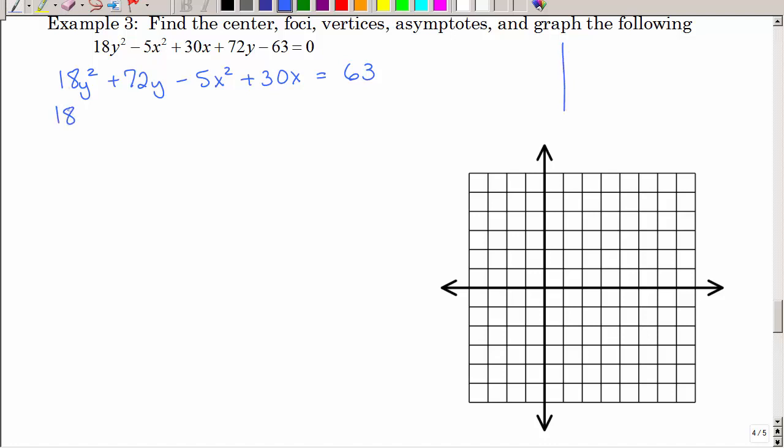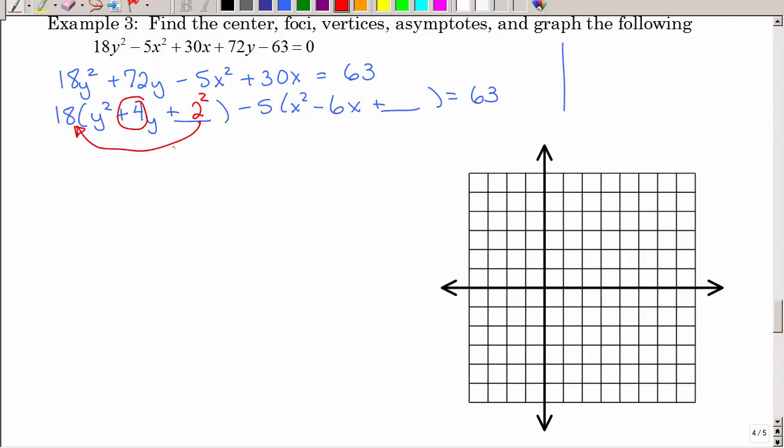Right? So again, we need to factor out that 18. Factor out the negative 5, which makes that negative 6x. Now we're ready to complete the square. Half of 4 is 2 squared. 4 times that 18 is 72.